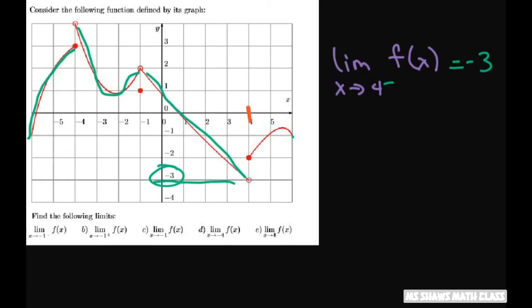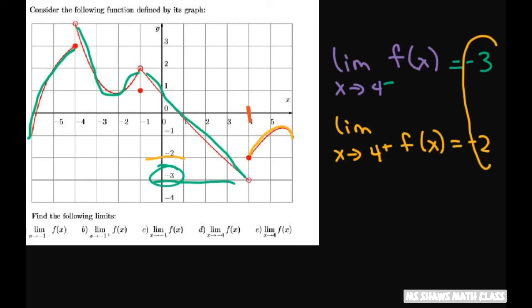At the right, when you come through and try to meet up, you're at negative 2. So the limit as x approaches 4 from the right of f of x equals negative 2. Since these do not equal, you can say the limit as x approaches 4 of f of x does not exist.